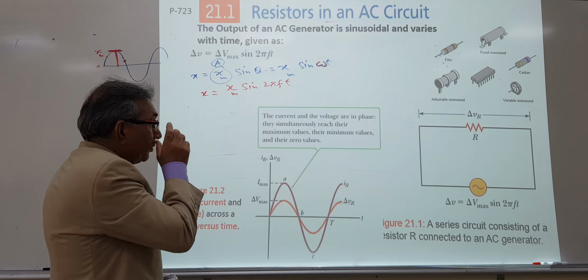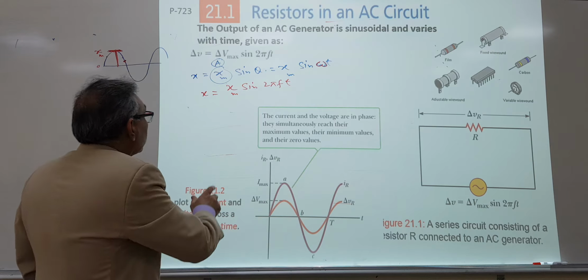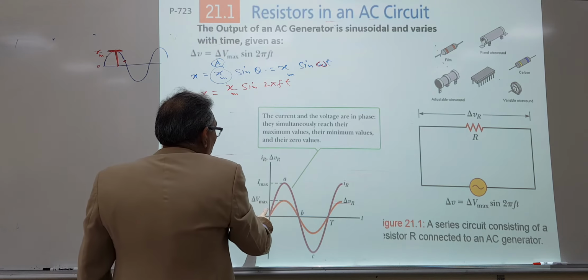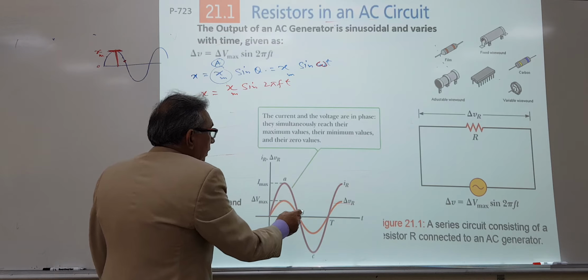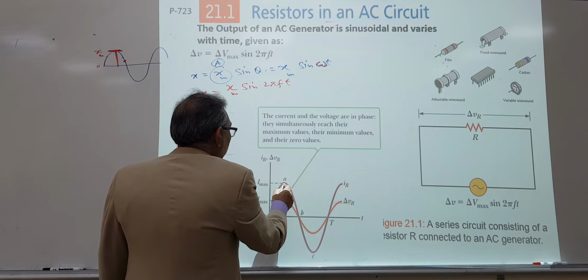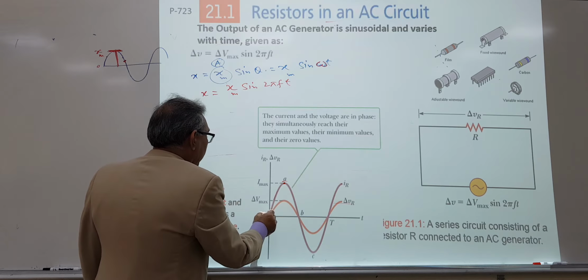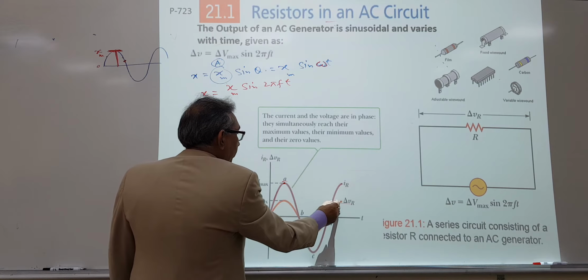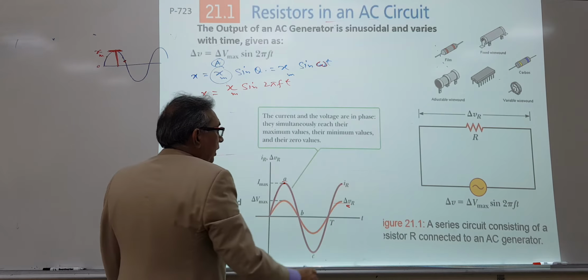So what does it mean? It means that this is the current waveform, and this is the voltage waveform: voltage across R, current through resistor R.